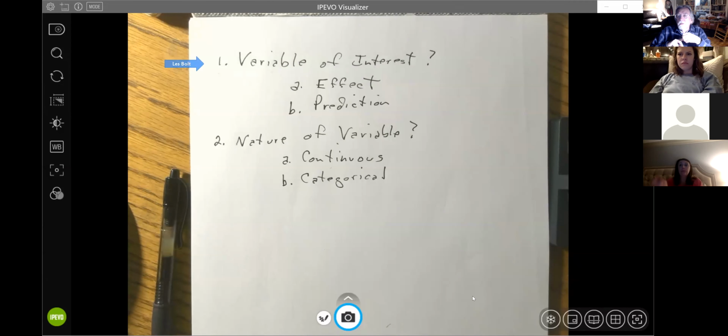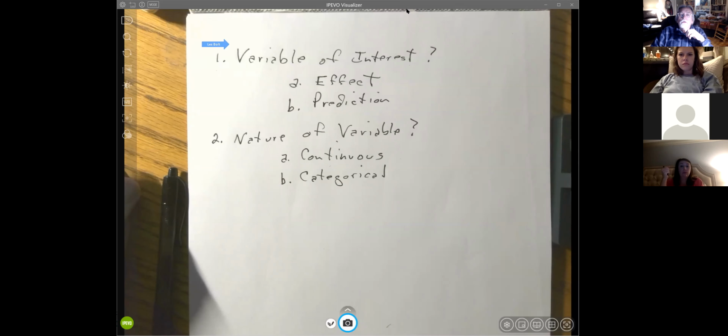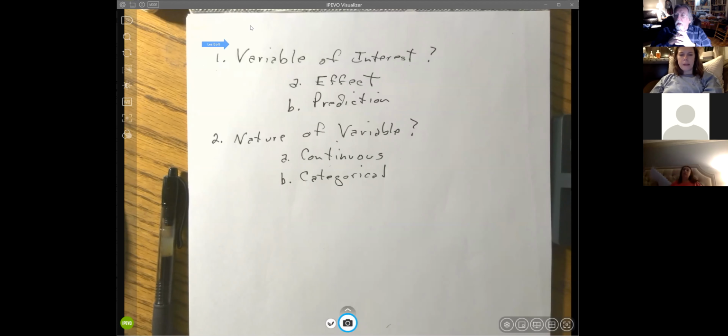As I mentioned a moment ago, I have a process that I go through in thinking about how I might analyze a particular set of data, or how I might deal with a particular question, looking at the data and figuring out how to answer the question. It has to do with a couple of things: the nature of the variable itself, and the nature of the question.